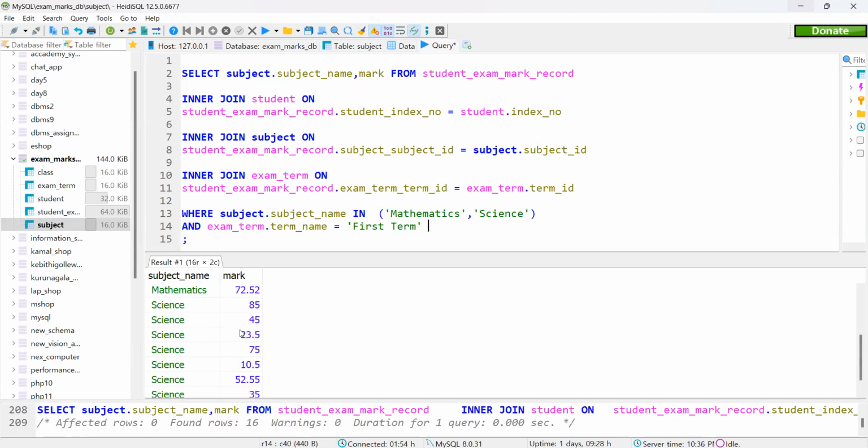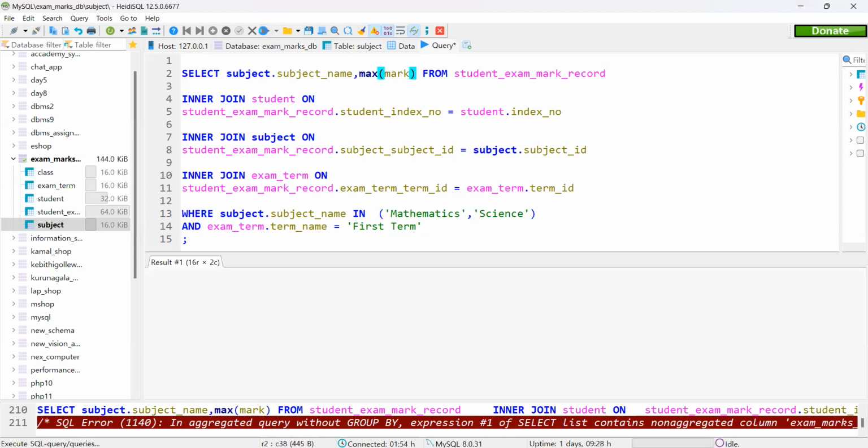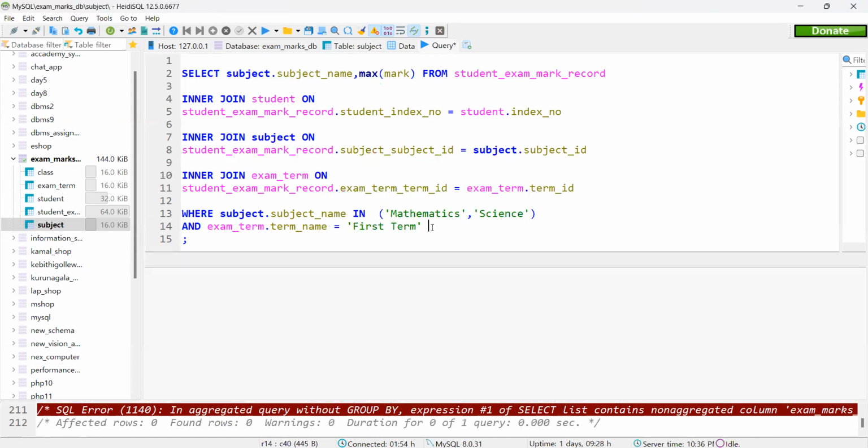So we got all marks. We need the max mark, so group by subject name.